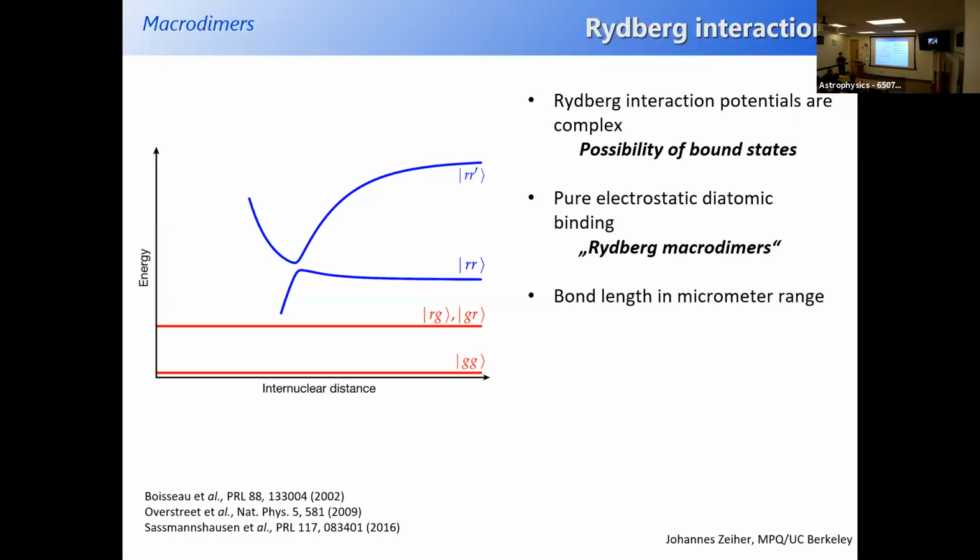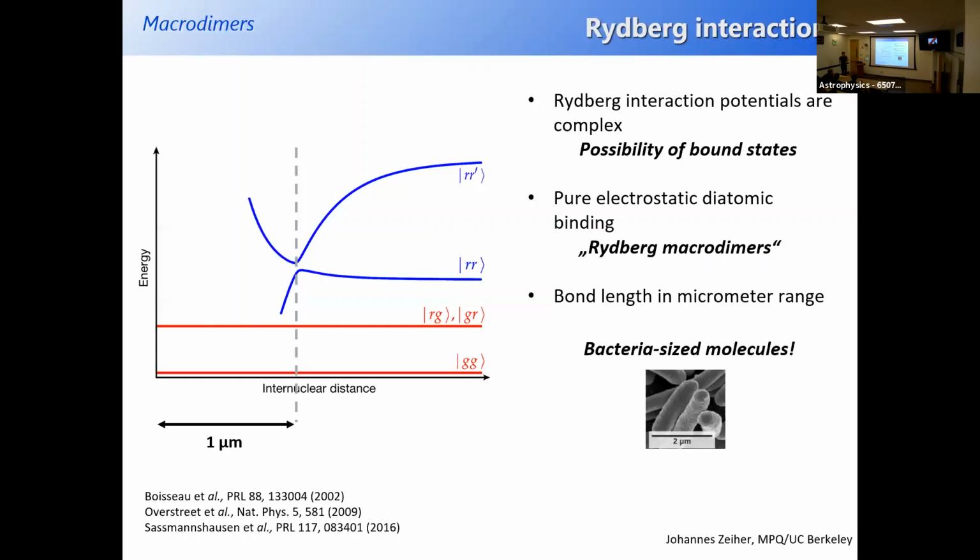And what is special about them is that the binding lengths of these electrostatically bound dimers can be in the micron regime. You can have really micron-size molecules, which is, just to make this clear, almost the size of a bacterium. So it's a really huge molecule.